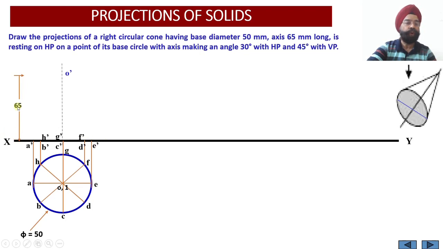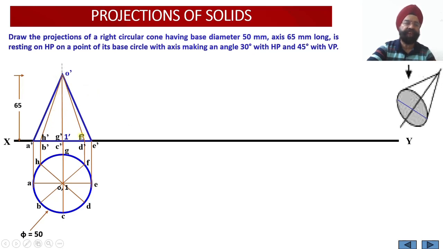Now we know the axis height is equal to 65 millimeter, and having worked out the 65 millimeter axis height, point O dash on the axis has been located. Once you locate point O dash over here and 1 dash on the base, next we are going to join all the generators or the slant edges of this particular cone. So these are the artificial generators, the interior generators.